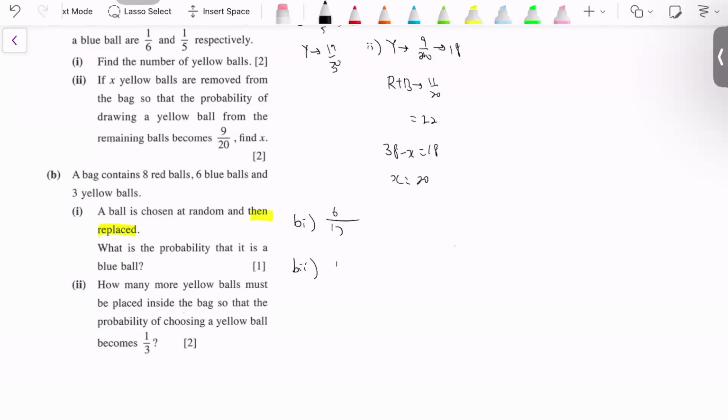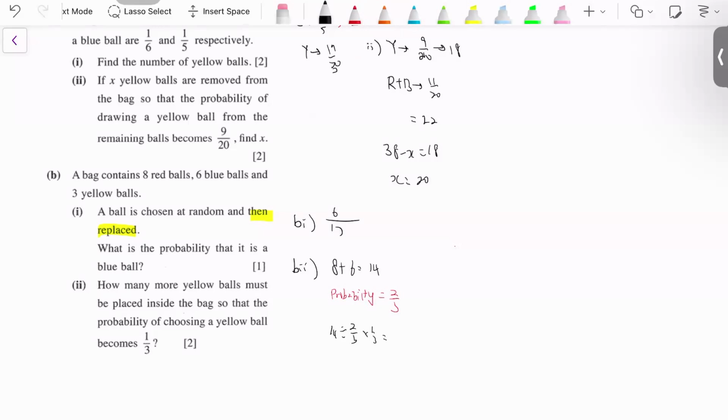So red and blue balls, their total is 8 plus 6, which gives us 14. So that means 14 balls represent a probability of 2/3. So if we want to look at 1/3, that means 14 divided by 2/3 times 1/3.